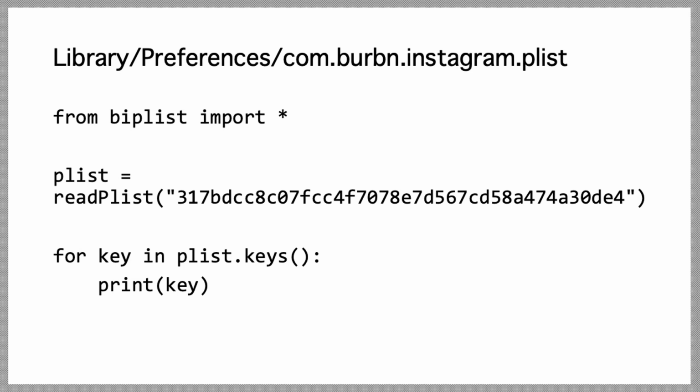As you remember, property lists are a collection of key value pairs, right? So if we want to know what kind of data a property list holds, we will be interested in the keys in that list.